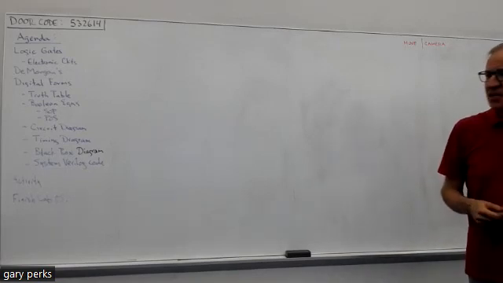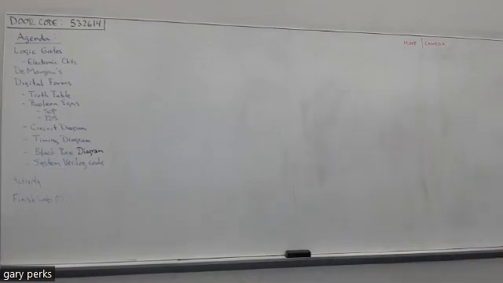Also on each table, you should have this handout. This handout has some of the information we're going to talk about in class today, but use it as a reference. I would take a picture of this and keep it handy throughout the quarter. It has some basic gate symbols along with the truth tables that we're going to talk about.